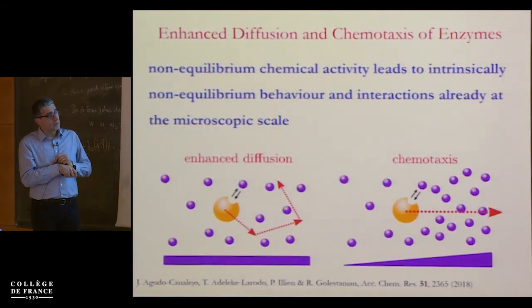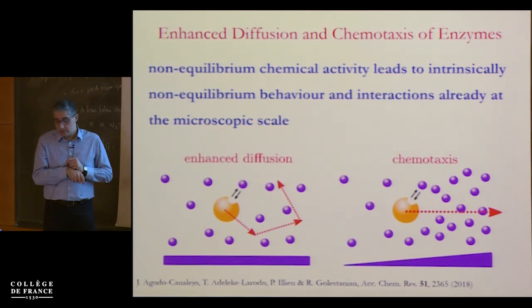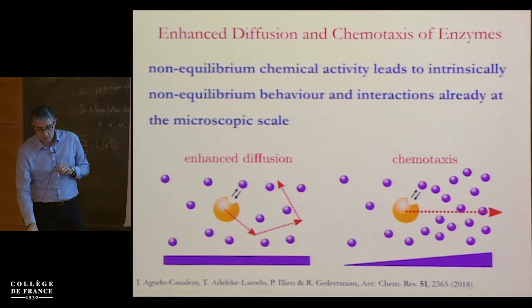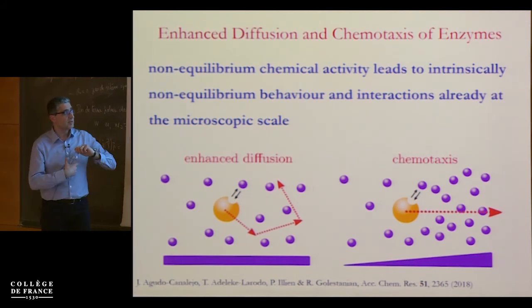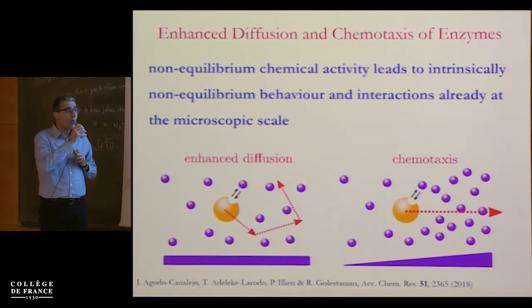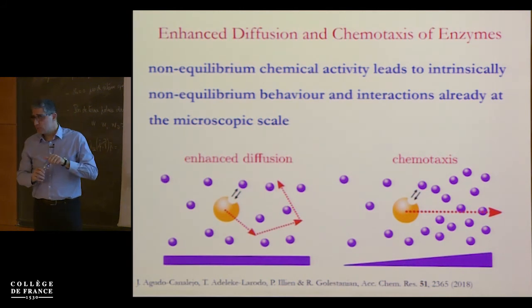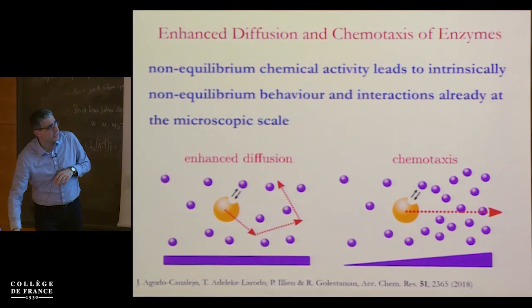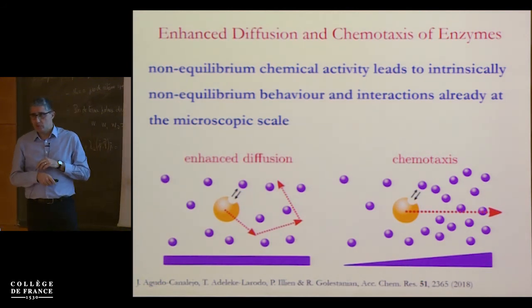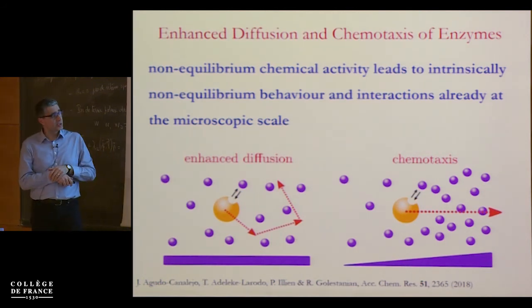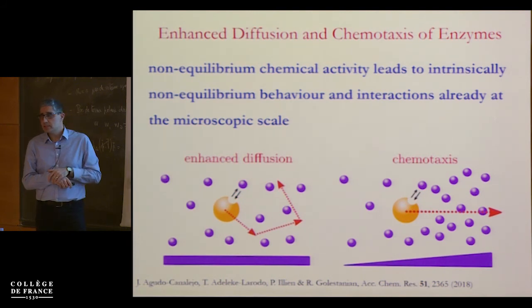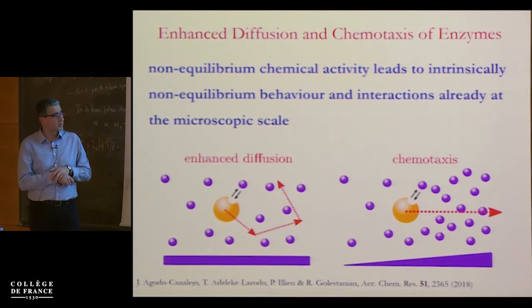So in recent years there have been a number of experimental observations and experimental reports essentially reporting two things. One is enhanced diffusion for enzymes when they are catalytically active. Somehow the diffusion coefficient changes, it increases, and it increases by a few percent or a few tens of percent, not by 10 to the minus 5 or 10 to the 5.